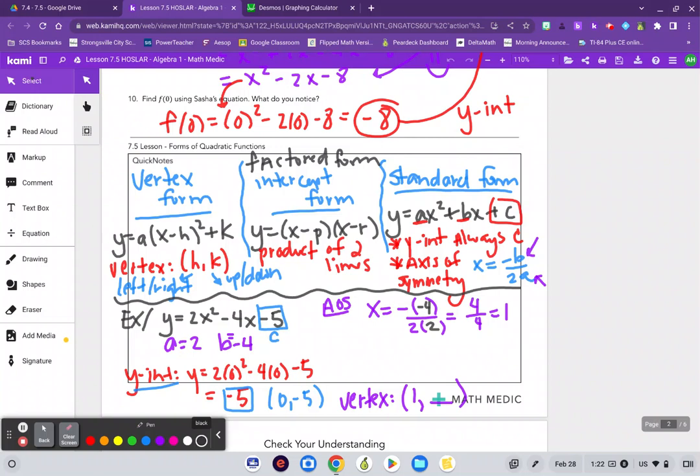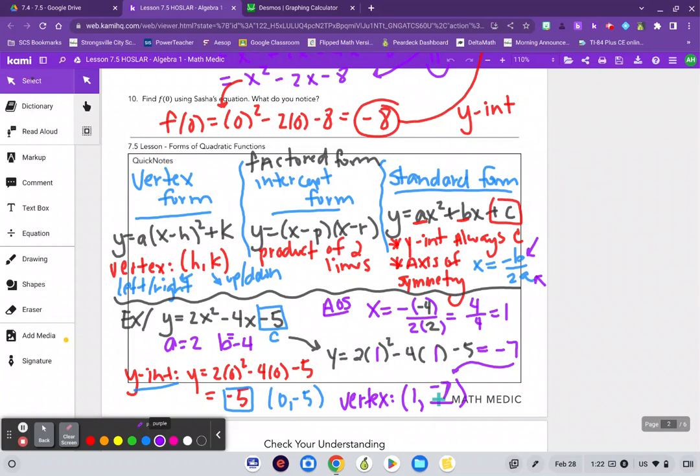So if I know the x of the vertex, I can just replace each x in my equation with 1, so I can figure out the y value that goes with it. So 1 is the x value of my vertex. I'm going to replace each x value in that equation with 1, and I'm going to calculate. And when I do that, I get negative 7. And so negative 7 is the y of my vertex.